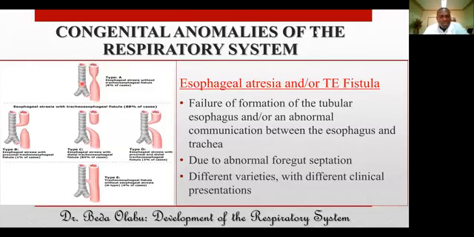Look at the first one. In the first one, the esophagus is blocked, but the trachea is okay. So this child will not be able to eat. If they breastfeed, that milk will just come back to the mouth. So how do you know a child has this malformation?